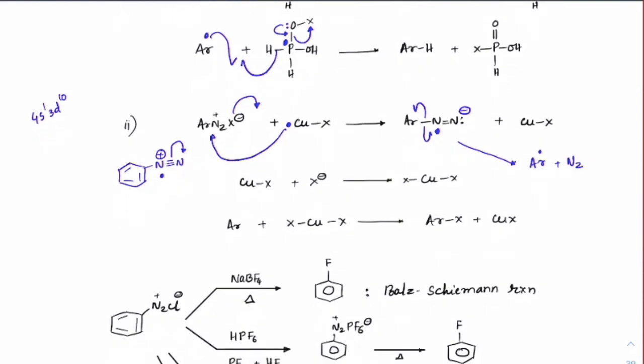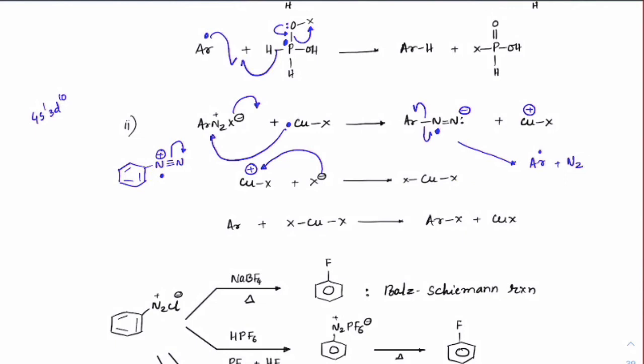Now once you have that, this X minus, because now copper has got positive charge on it, as it has lost its electron completely, and X minus which has left earlier will be acting on CuX, and we will get CuX2 formation. So in short, CuX, which has +1 oxidation state, has converted into +2 oxidation state.